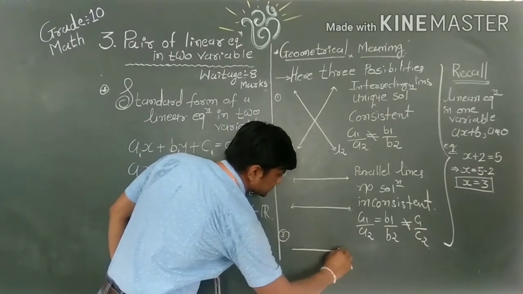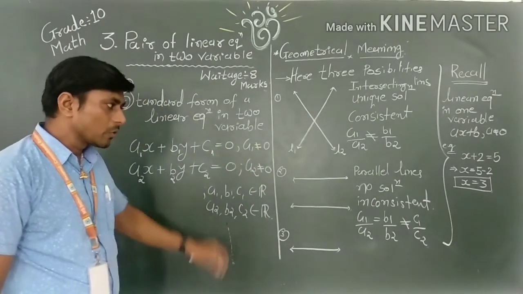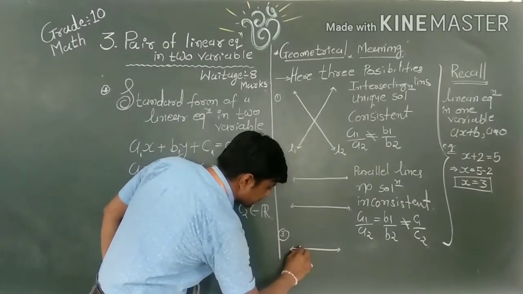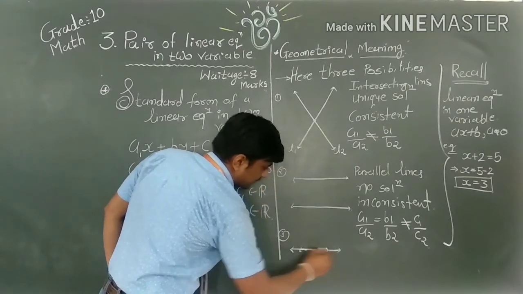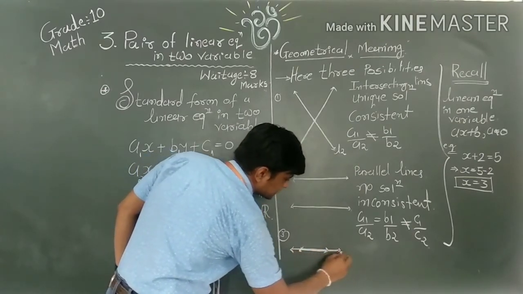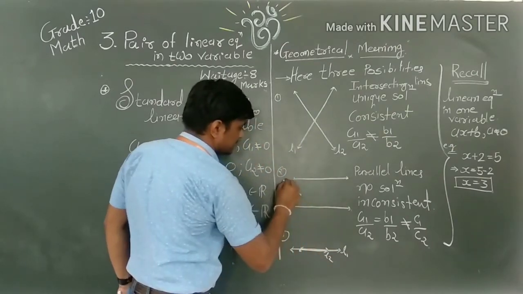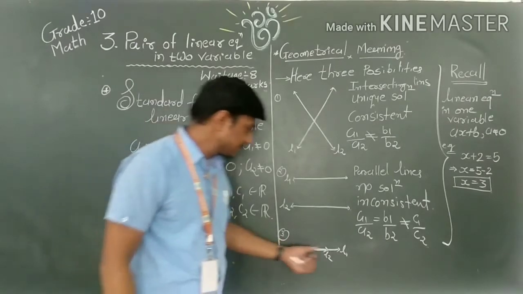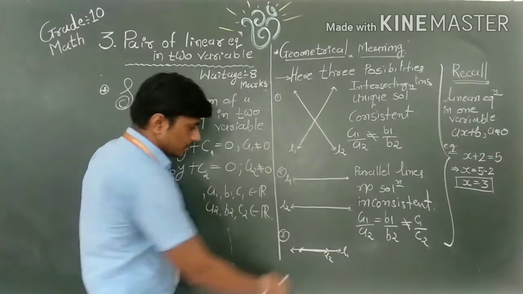There are two lines, the first one and the second one are coincident, the same as overlapping. This is L1 and this is L2, coincident. What is the meaning of overlapping?